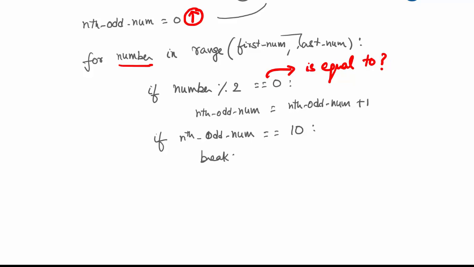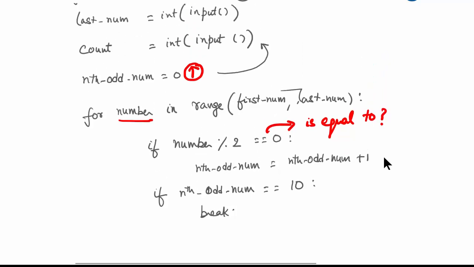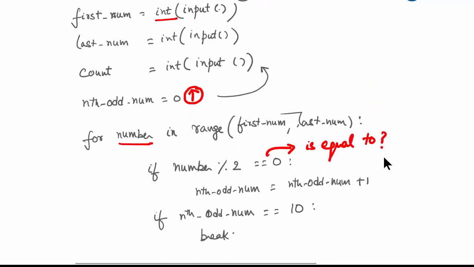Just break it. But here is the thing. Did we actually find out what the 10th number is? No, we did not. We just found out the 10th odd number and then we broke out of the loop, but are we telling the user that this is the 10th odd number? No. So in order to do that, we have to create another variable called odd underscore number.